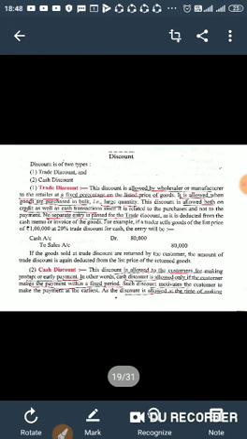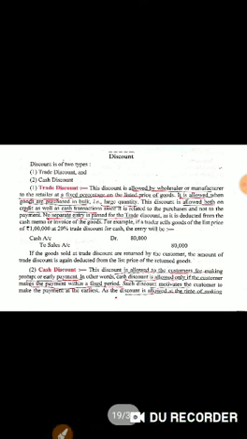Today I would like to discuss one important concept, that is discount. Although we have already discussed it at the time of accounting terms, here we will discuss from the accounting point of view how we will use these concepts in recording the transaction in journal.